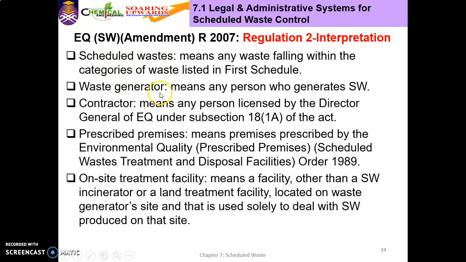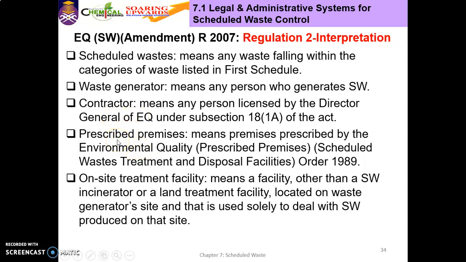What is a waste generator? Waste generator means any person who generates the scheduled waste. What is the meaning of contractor? Contractor means any person licensed by the Director General to transport the scheduled waste.